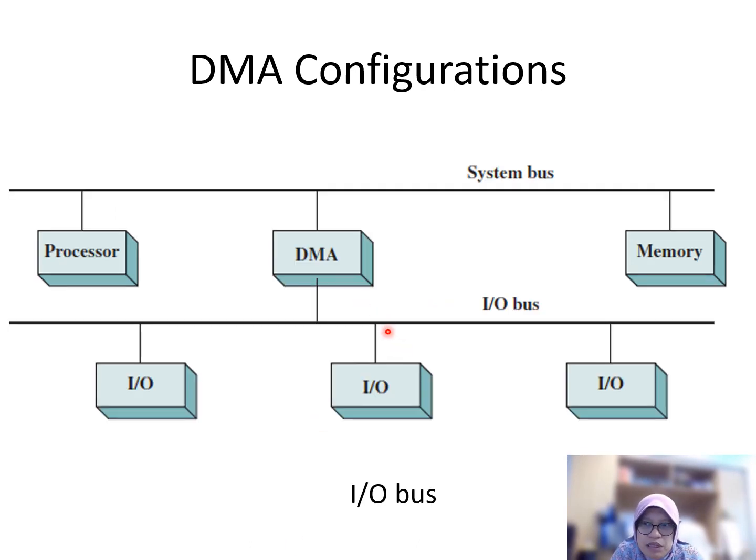The third example is that we connect the I/O modules to the DMA module using an I/O bus. By using a separate I/O bus, it reduces the number of I/O interfaces in the DMA module to one and provides for an easily expandable configuration.